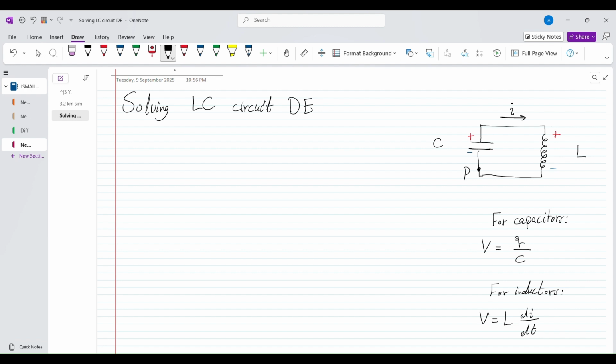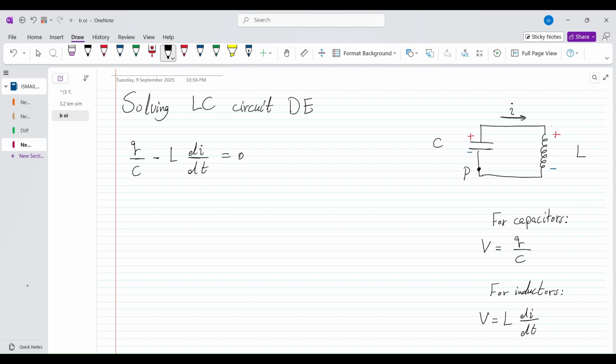Moving, I will reach and face this capacitor, and there will be an increase in the potential, so it's positive Q over C. Then I will continue moving and face this inductor, so it will be a decrease in the potential, a voltage drop, so it's minus L di over dt.